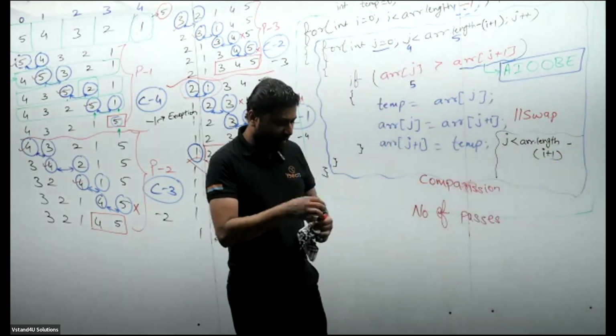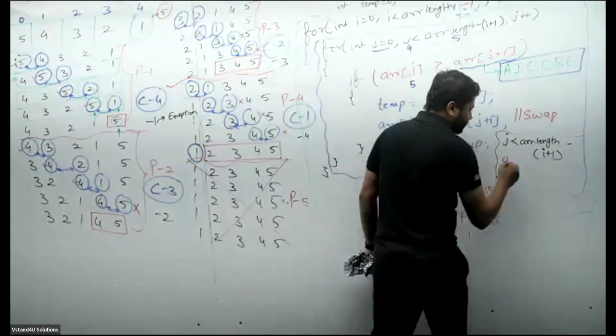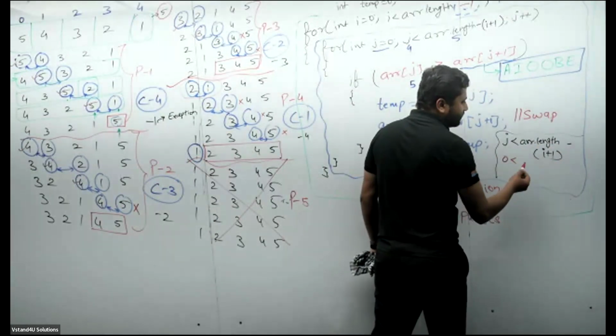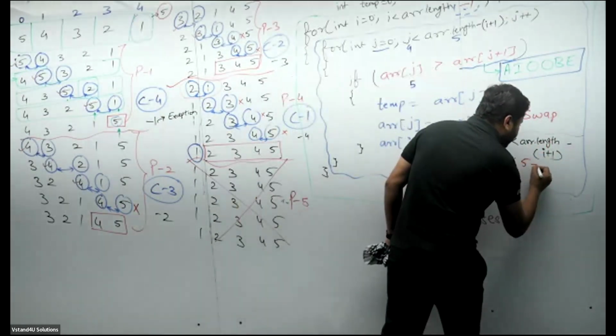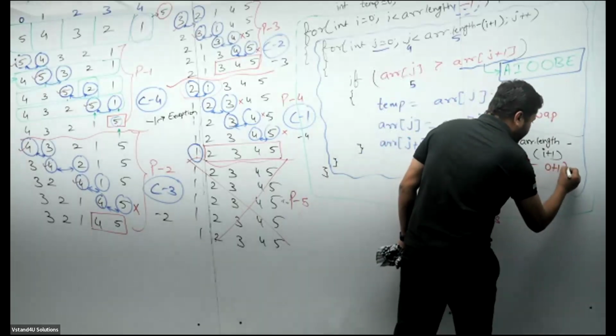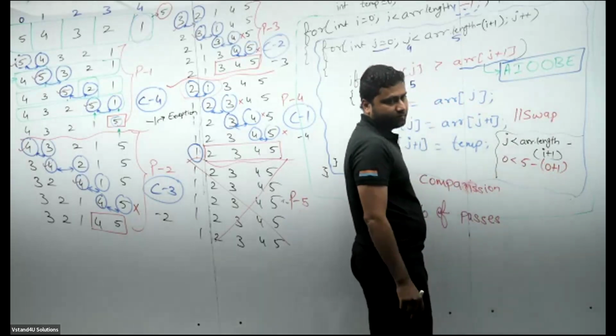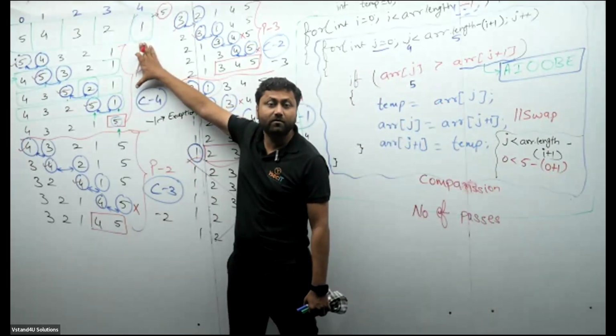Agree? Now, tell me one thing. j value initially is 0. Less than length is what? Total length is 5. Minus i value, how much? 0. Plus 1. So 5 minus 1. In this pass, how many comparisons are we doing? 4.